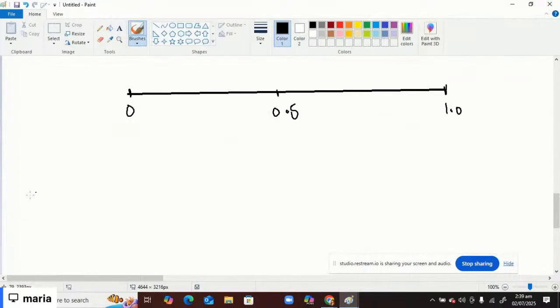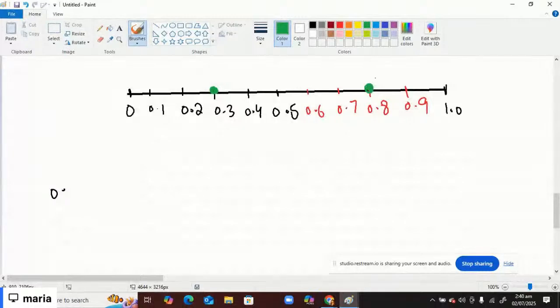Now this is 0.1, 0.2, 0.3, 0.4, and then 0.6, 0.7, 0.8, 0.9, and 1.0. First of all, what is the point of 0.3? So here is the point of 0.3. What is the point of 0.8? This is the point of 0.8.